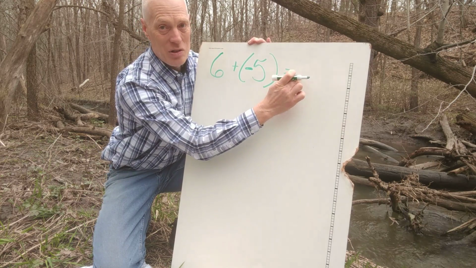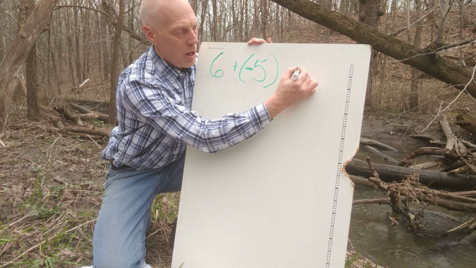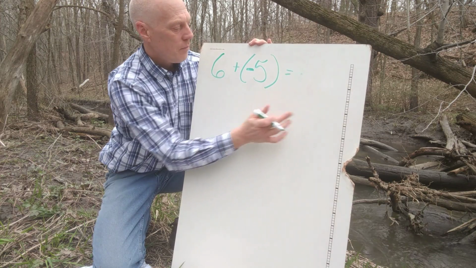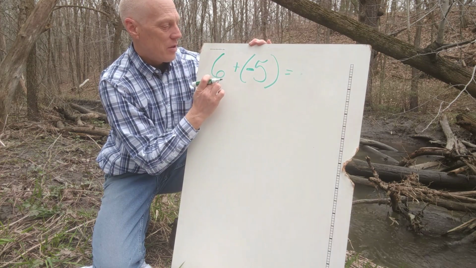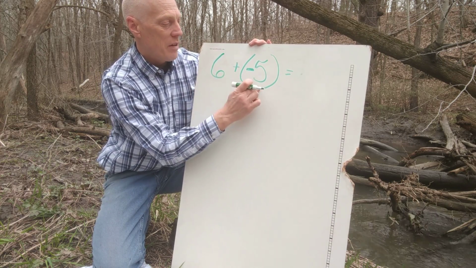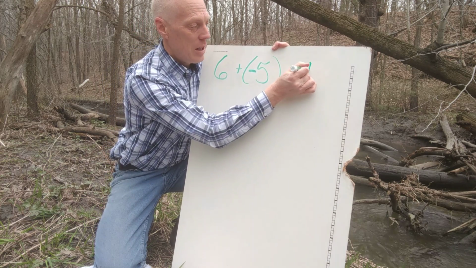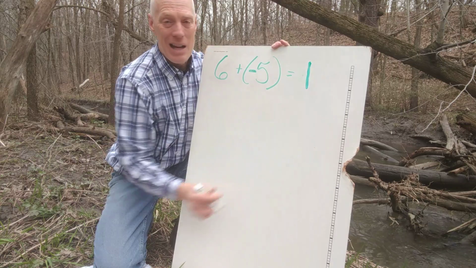So that means our answer is going to be positive. If you want to, you can write a plus sign there, but remember, we don't have to do that. So now it's just a matter of doing the difference between 6 and 5. So 6 minus 5, the difference means subtraction, so it's going to be an answer of 1, positive 1.